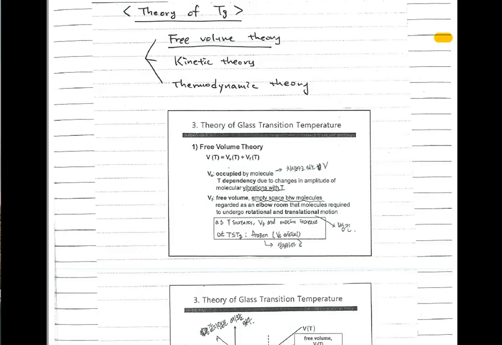Okay, now let's start lecture number 9. So, in lecture 8, we have learned about glass transition temperature and how complicated, how ambiguous the behavior of glass transition of amorphous polymer is. So, there have been some efforts to explain why there is glass transition for amorphous materials.